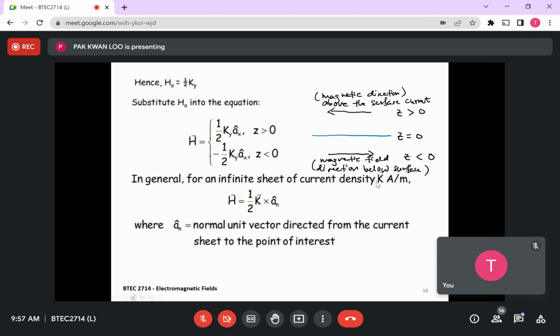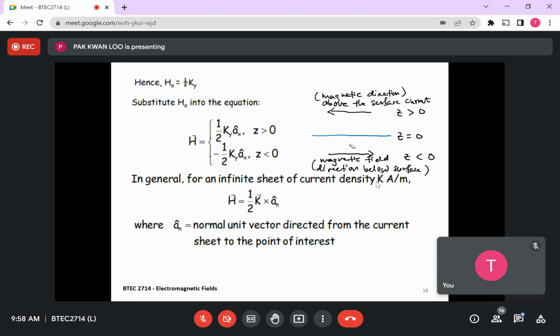Of course, what is the distance between the point of observation and the surface? Again, we have to make sure, remember that during our evaluation, the point of observation is close to the surface, so it cannot be too far away from the dimension of the current.